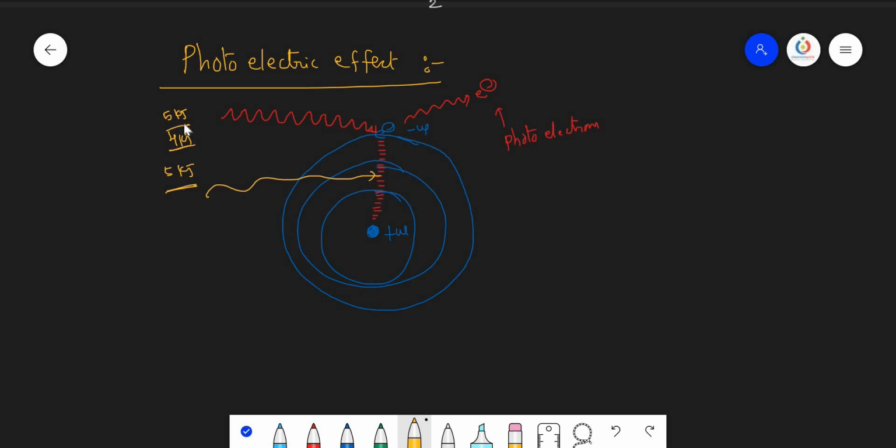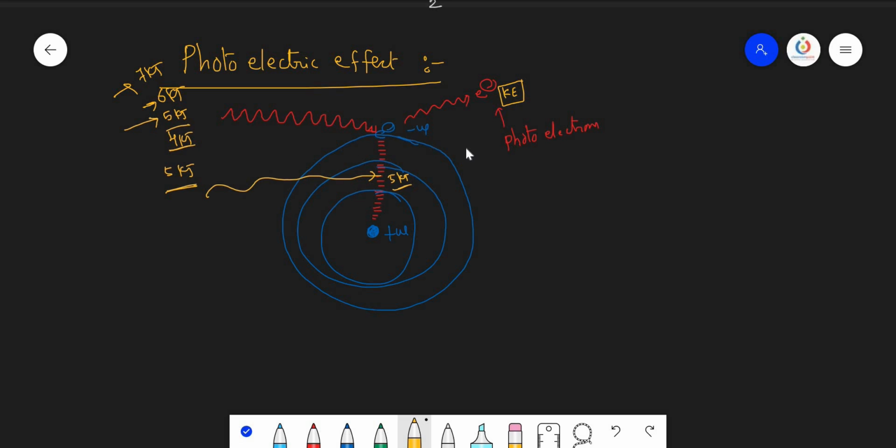If 6 kilojoules of energy is absorbed, then the electron uses 5 kilojoules to come out of the nucleus attraction power, and the remaining 1 kilojoule increases the kinetic energy of the electron. If you give 7 kilojoules, 5 are used to overcome the attraction and the remaining 2 kilojoules increase its kinetic energy.